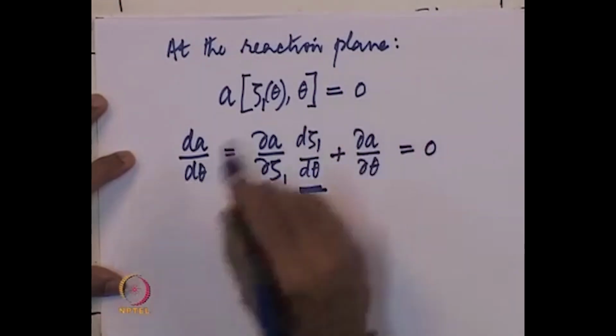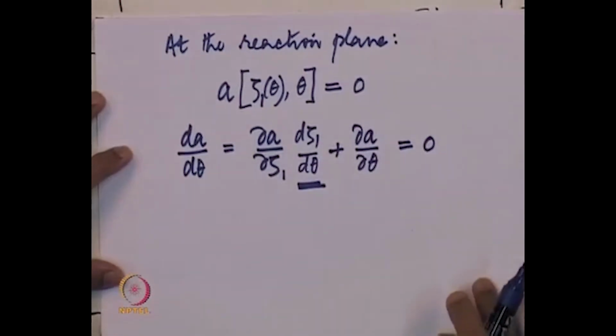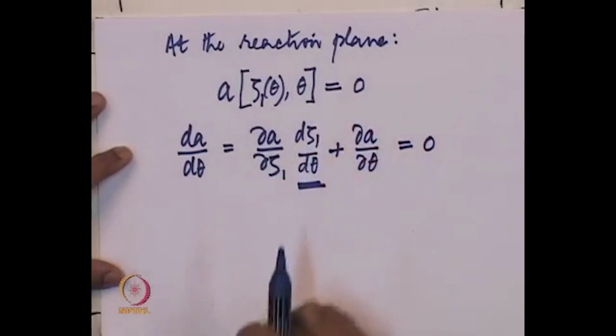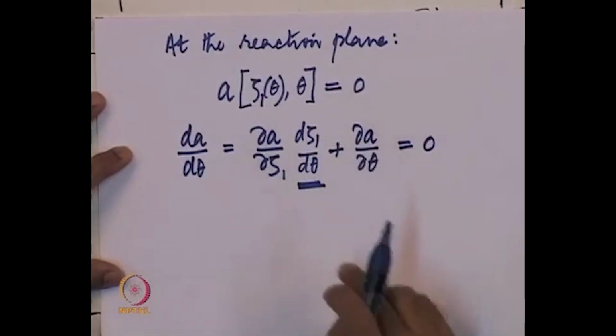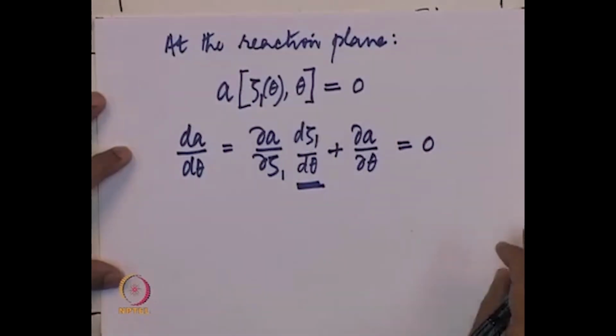So, this can be rearranged to get the rate at which zeta 1 moves with theta, and that equation can be used along with the previously shown equations in order to arrive at a solution to these equations.